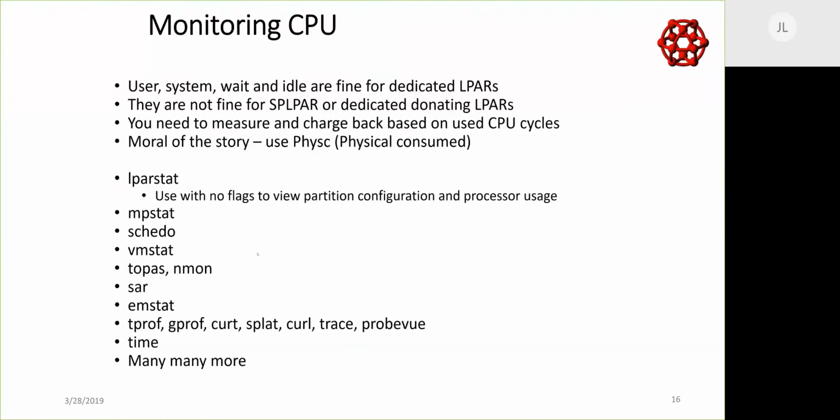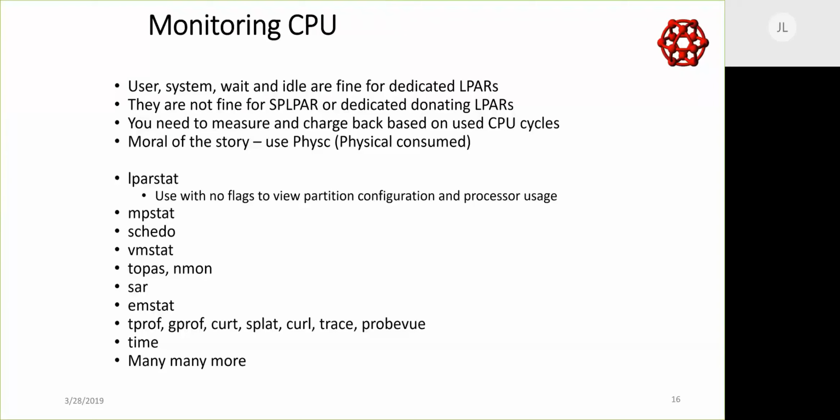It'll show up in a number of these commands. You've got the LPARstat, mpstat. There's a whole bunch of commands you can use. This emstat is used to look for old code. What you'll see is emulations and alignments. What that means is there's a piece of code running that was designed or compiled on an older architecture.